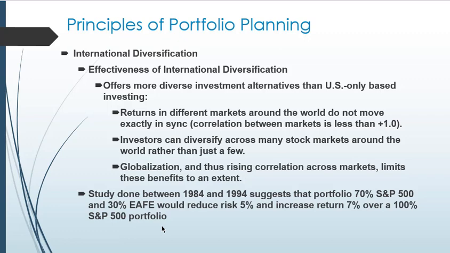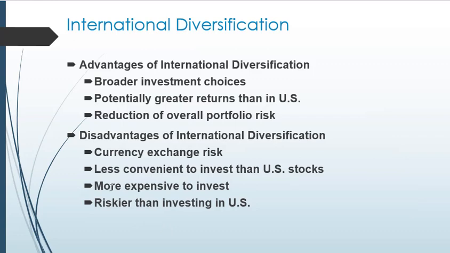So not only do we get reductions of risk, we also get the potential of increases in income when we combine international securities. So the advantages of international diversification are that we get more choices, potentially higher rates of return, and of course reductions of risk. However, you never get good stuff without getting some bad stuff.